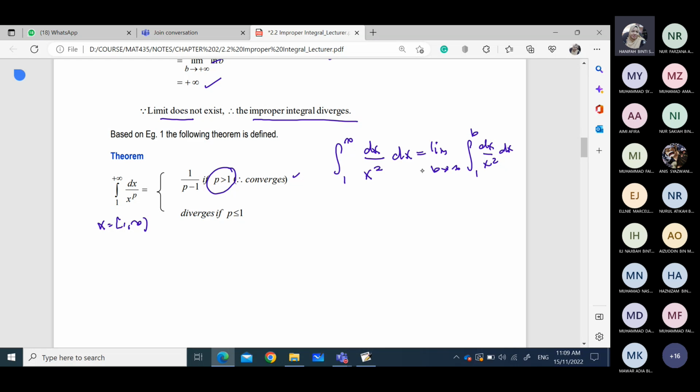So what is b? B is approaching to infinity. Okay. So first we solve for the integral dx over x squared. It is also equivalent with x to the power of negative 2 dx, and we will have negative 1 over x. Okay, 1 over x plus c. Okay, so hence, kita nak check betul tak theorem ni? Macam tu.